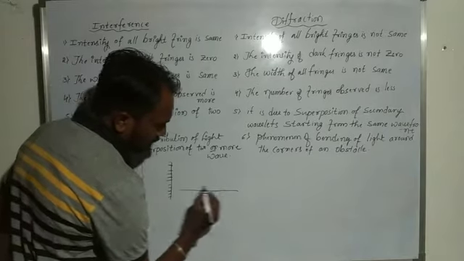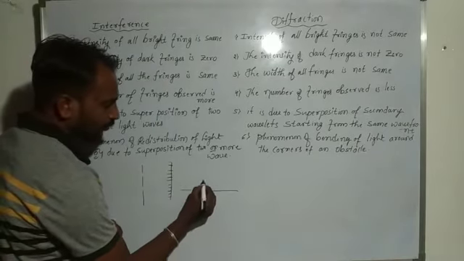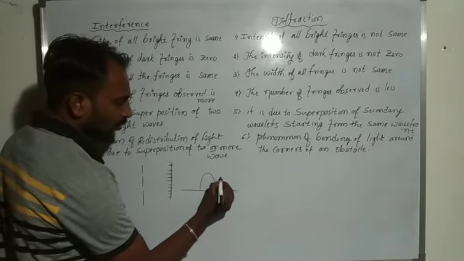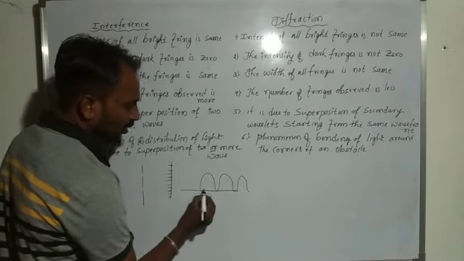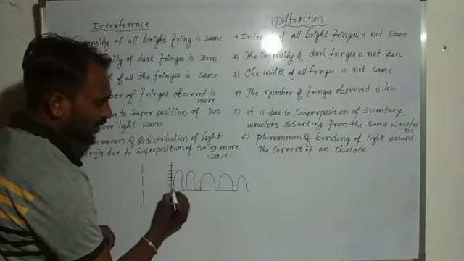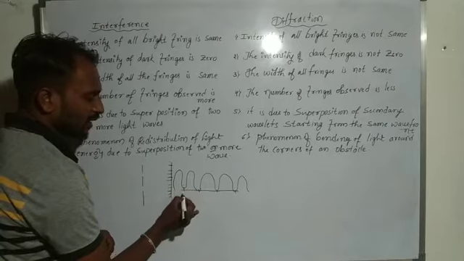Suppose on a screen we have a central maxima, first maxima, second maxima, and on the other side first maxima, second maxima, along with first minima, second minima, and on the other side first minima and second minima.